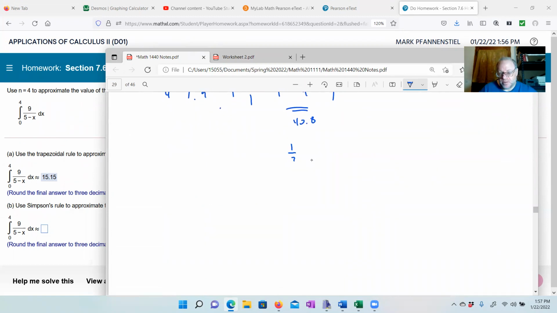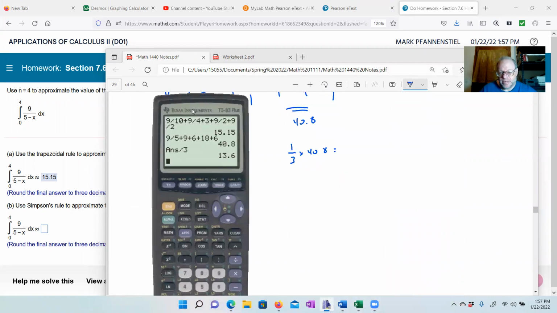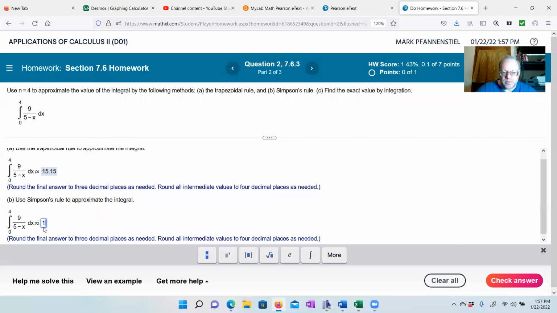So we need 1/3 times 40.8. I'm just going to divide this by 3. So here we end up with 13.6. Okay, double check myself here.